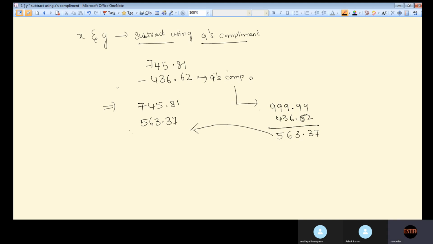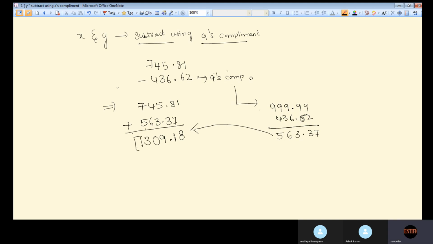If you are adding these two, what is the result that you are getting? Add and tell me. 1 and 7 is 8, 8 and 3 is 11, 5 and 3 is 8, 9, then 4 and 6 is 10. What is this?